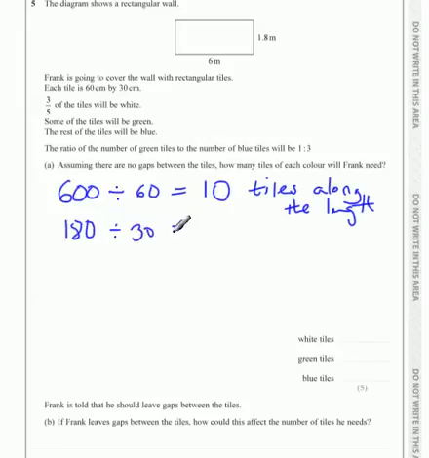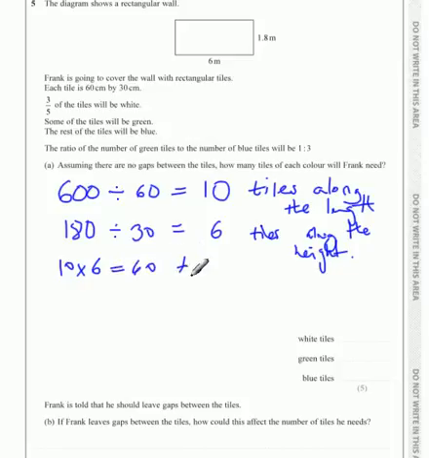So divided by 30. 18 divided by 3 is 6, and the 2 zeros are going to cancel as well. So we get 6 there, and that is the tiles along the height. So in total, we're going to have 10 times 6 equals 60 tiles covering that wall.